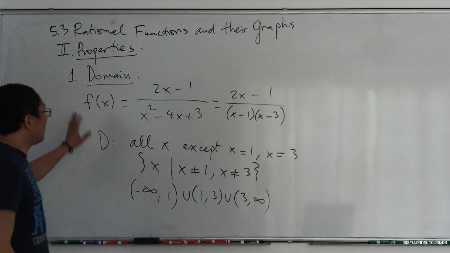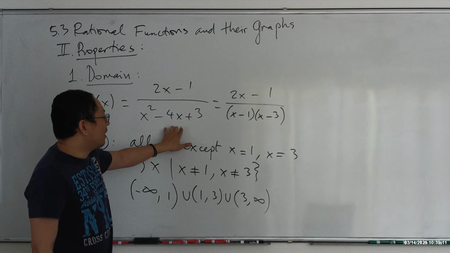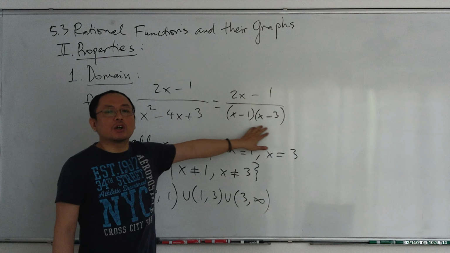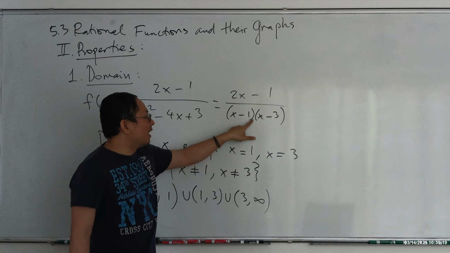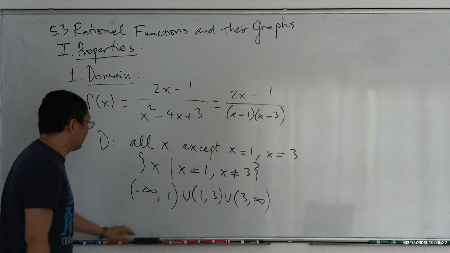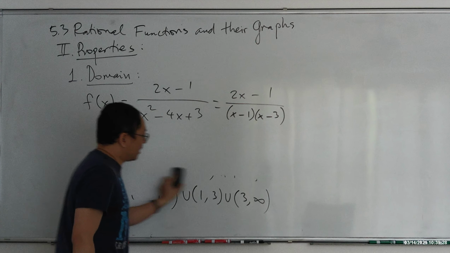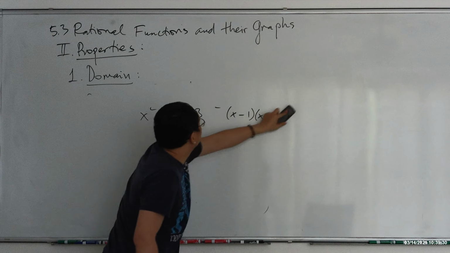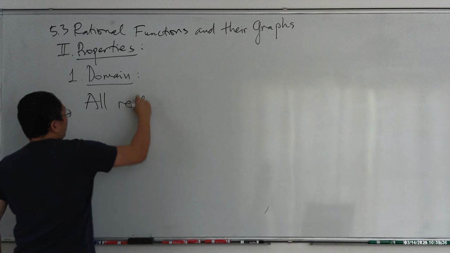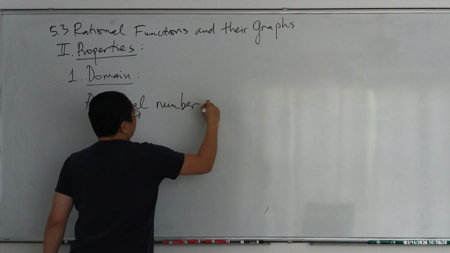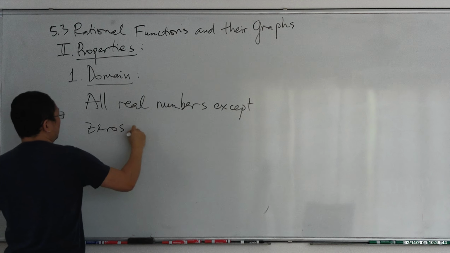So whenever we talk about domain, we are focusing on what? The denominator. All right? So how do we find it? We rule out all the zeros of the denominator. Everything except for the zeros of the denominator. Zeros mean all the values of x that make the denominator equal to 0, as we learned before. So in general, the domain of a rational function is all real numbers except the zeros of the denominator.